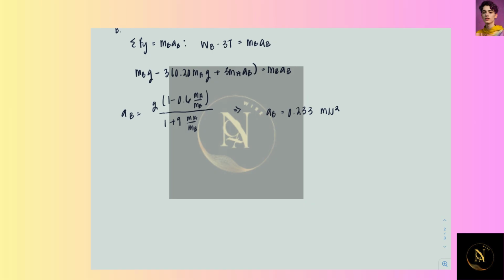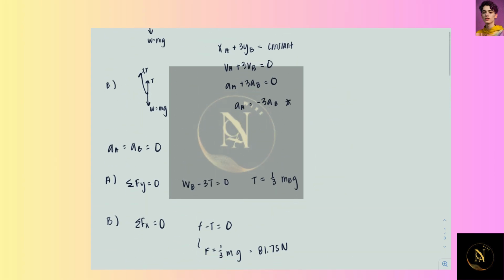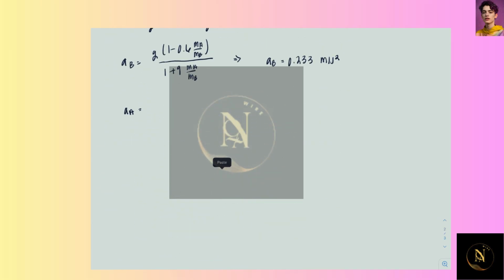And now that we have that, we can go ahead and solve for the acceleration in A using that equation, which gives us a value of 0.698 meters per second squared.